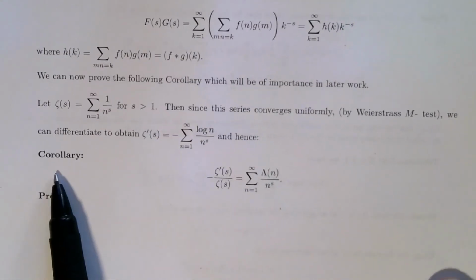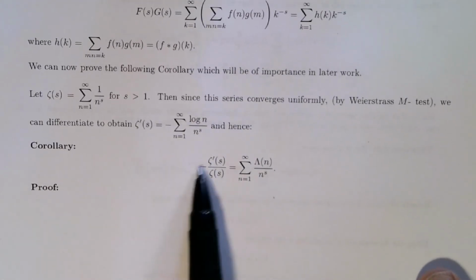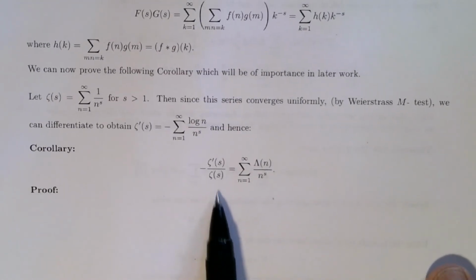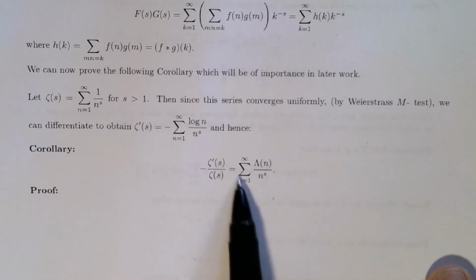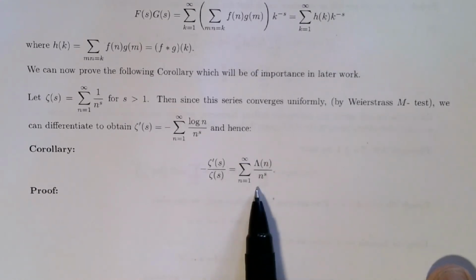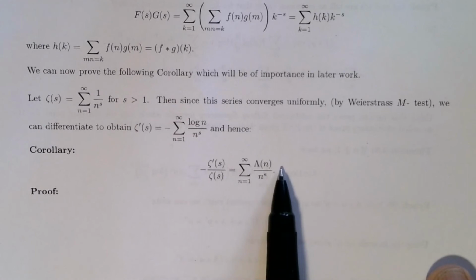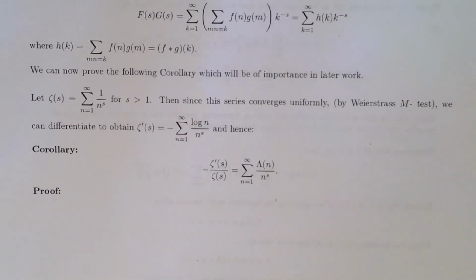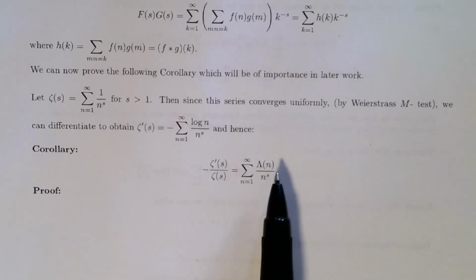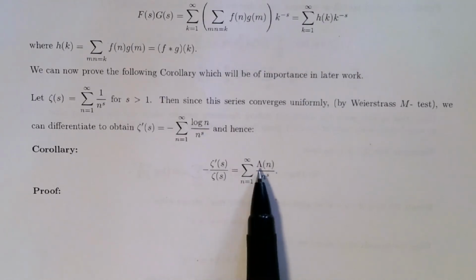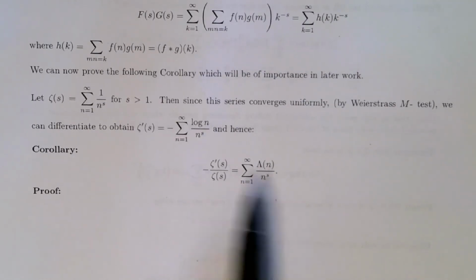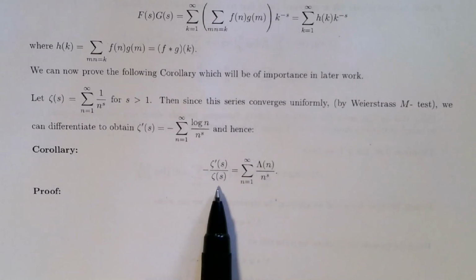And the corollary is that minus zeta dashed over zeta has, look what it has as its Dirichlet series, the von Mangoldt function in the numerator. So this is the Dirichlet series corresponding to the von Mangoldt function, and this turns out to be none other than minus zeta dashed on zeta.